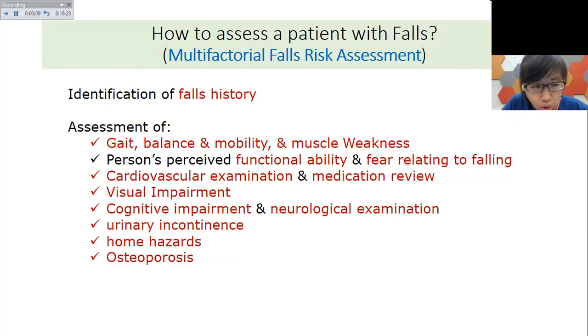First, we need to identify the falls history to better understand the mechanism of falls, and then followed by the assessment of gait, balance, and mobility for muscle weakness, the patient's functional ability, and any fear related to falling, cardiovascular examination, medication review, for any visual impairment, looking at cognitive impairment and neurological examination, assess for any urinary incontinence and home hazards if falls are mainly occurring at home, as well as osteoporosis to prevent fracture in the case of a patient with recurrent falls.